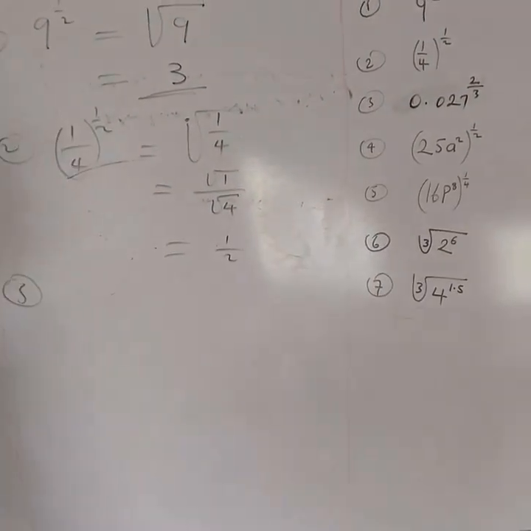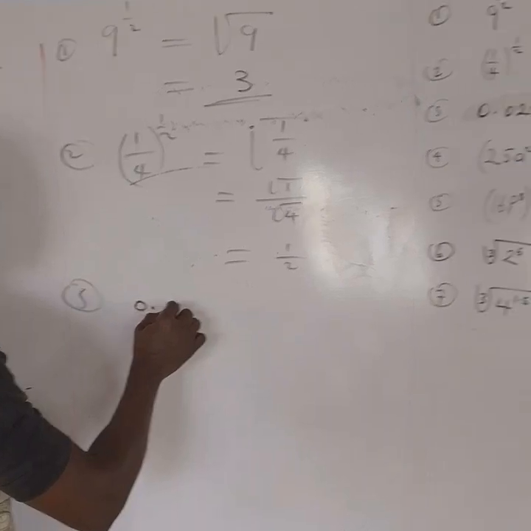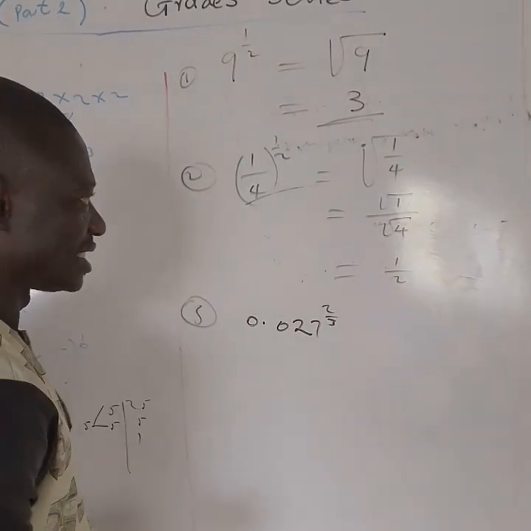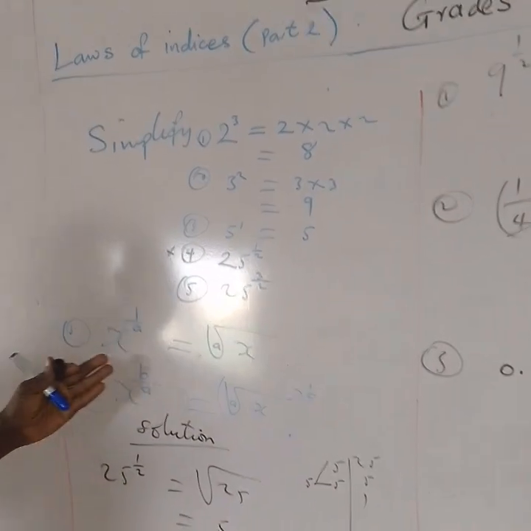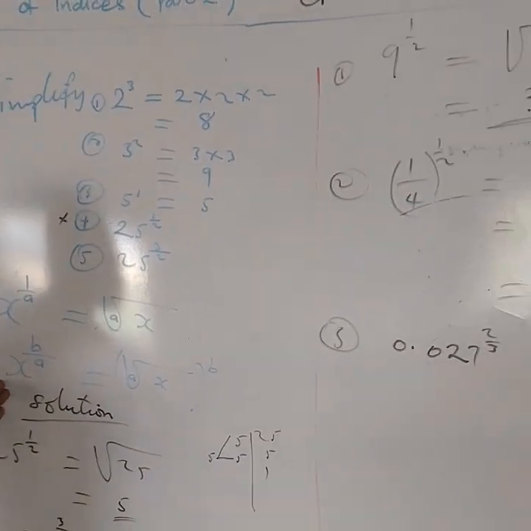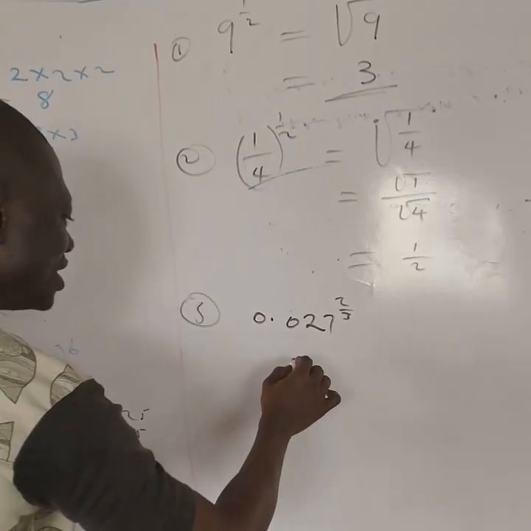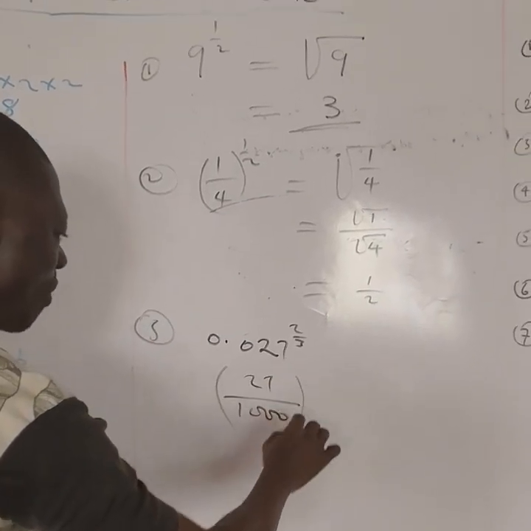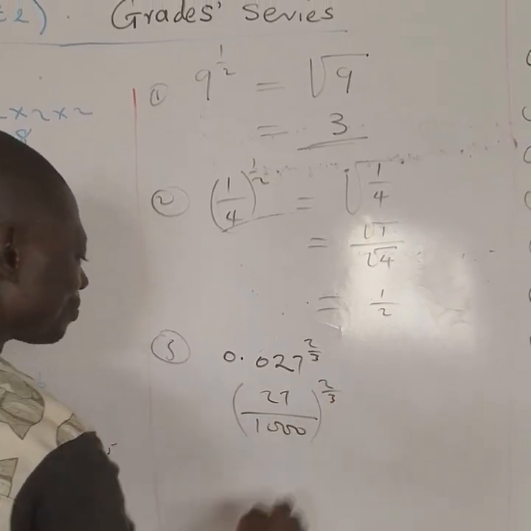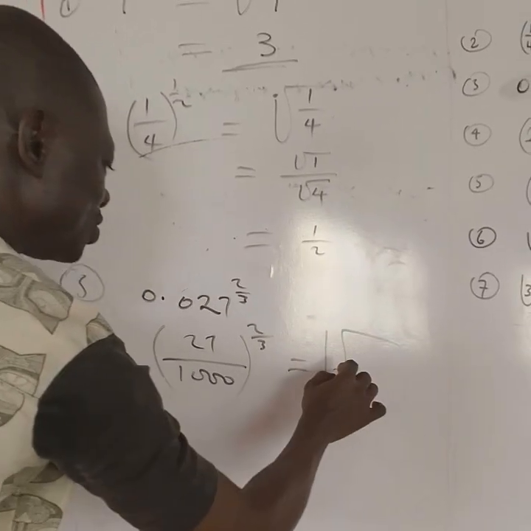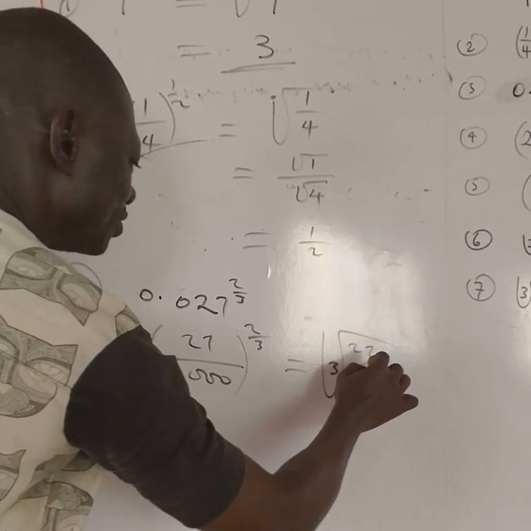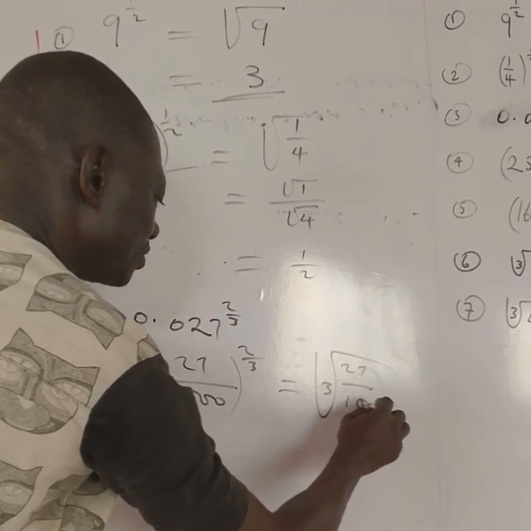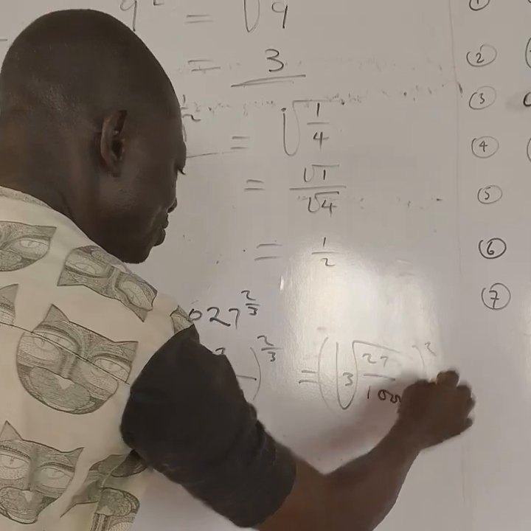This question, number 3, which is 0.027 raised to the power 2 over 3. Yes, in this case, the question resembles this law. And what we are going to do is to take it that this number is 27 all over 1000, all raised to the power 2 over 3, which means cube roots of 27 over 1000, all raised to the power 2.